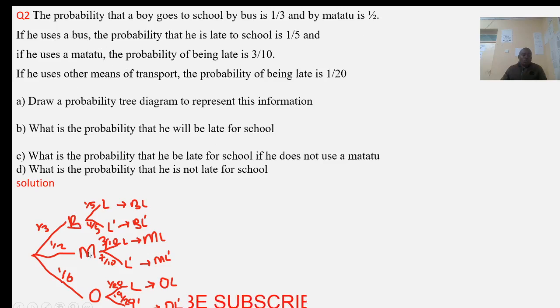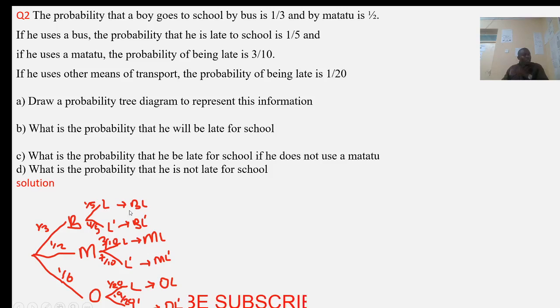So that means going by other means, you add a third plus a half and subtract from 1. Remember I said in a branch it must add up to 1. You get 1 over 6 as the probability that he traveled using other means.